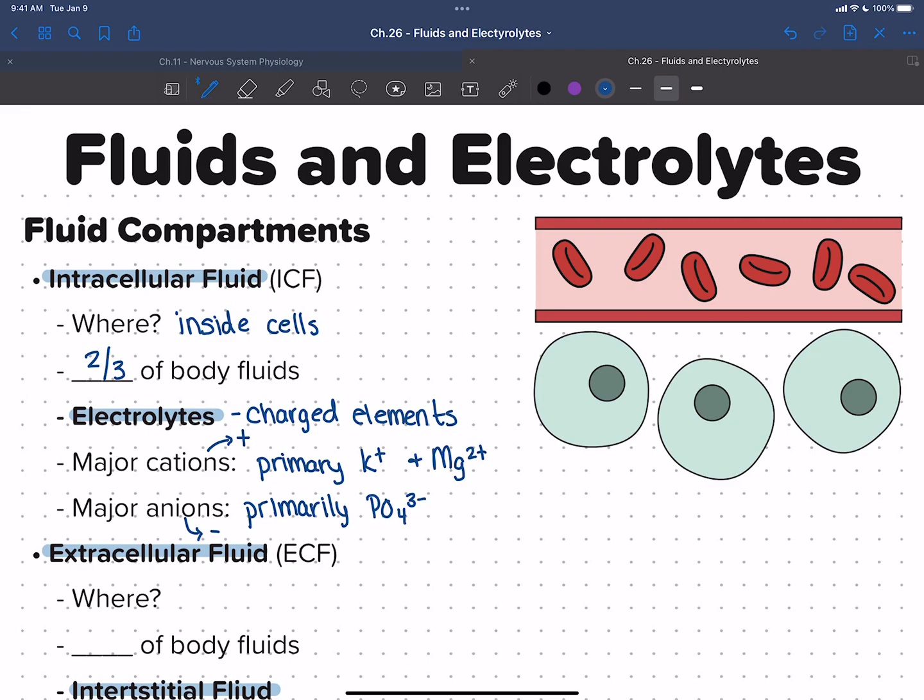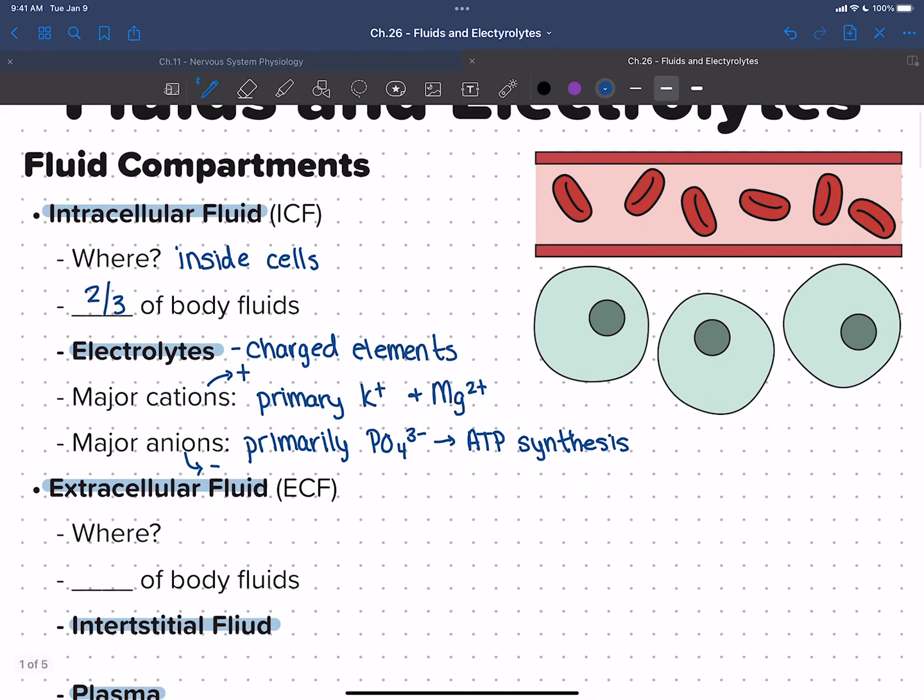Those are essential to have intracellularly in a high concentration in order to use for ATP synthesis. So we need that phosphate for ATP synthesis. Okay. And there also would be some negatively charged proteins inside of the cell in that intracellular fluid as well. All right, so that's our intracellular fluid inside of the cells.